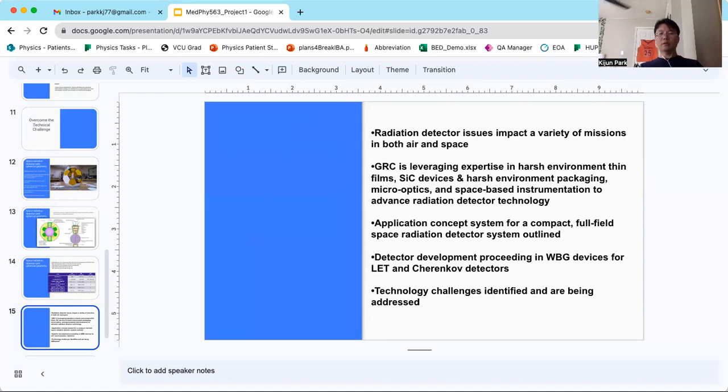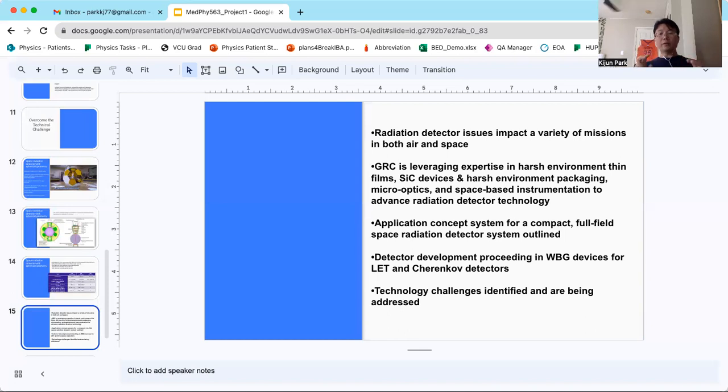For silicon-based devices in a harsh environment, the packaging, micro-optics or space-based instruments need advanced radiation detector technology, because an Earth-based detector may not work. So a completely new, novel design and technology is required.